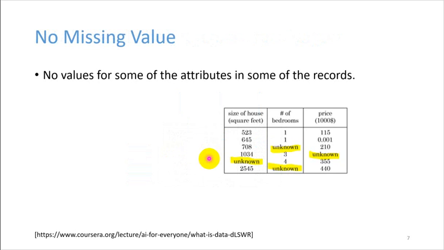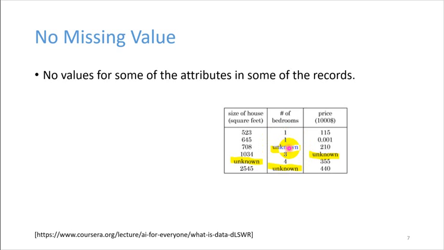In our data sets, we can sometimes have missing values. It means that we don't have the value for one specific record or for one specific attribute in a record, and this can be due to different reasons.